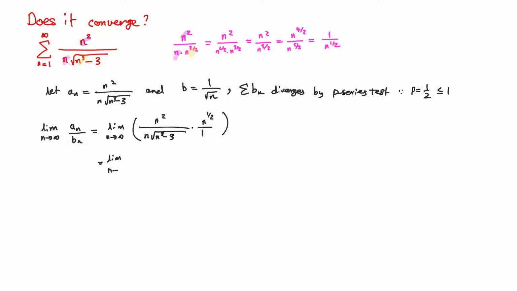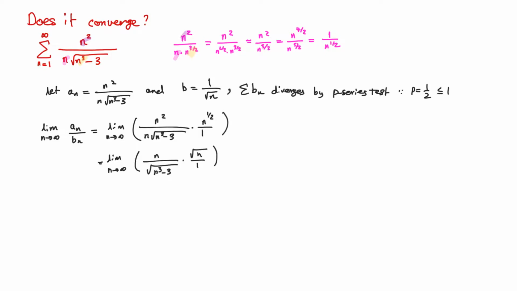And I should have simplified this at the beginning. I don't even know why I wrote it this way. This is just n squared over the square root of n cubed minus 3 times root n over 1.